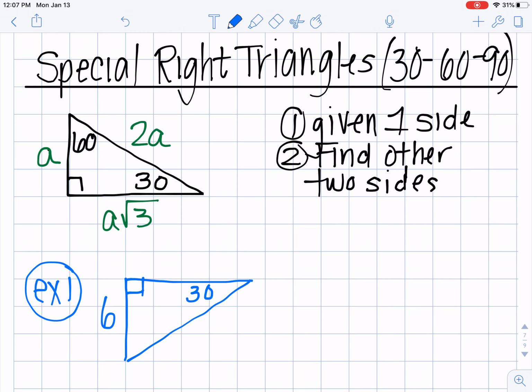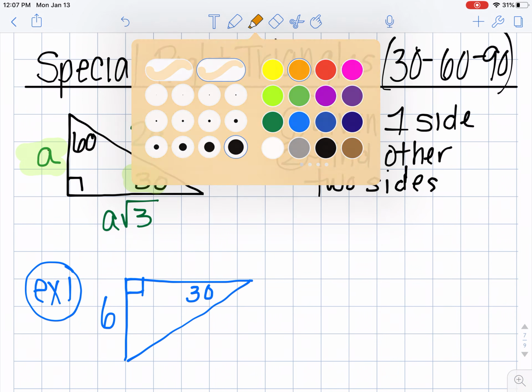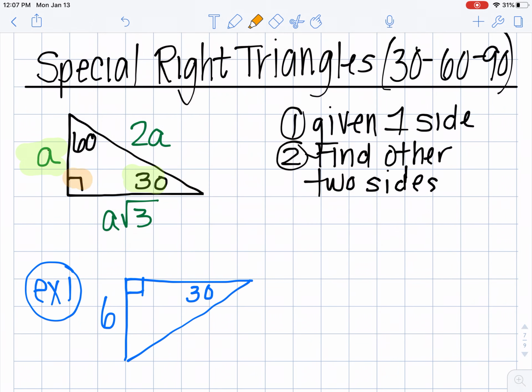Note that in my triangle, the 30 degrees is wherever my shortest side of my triangle is, and it's going to be across from what we call our A value. The 90 degrees is my largest angle, and my largest side is always across from my largest angle. So the 2A is always across from your 90 degrees.